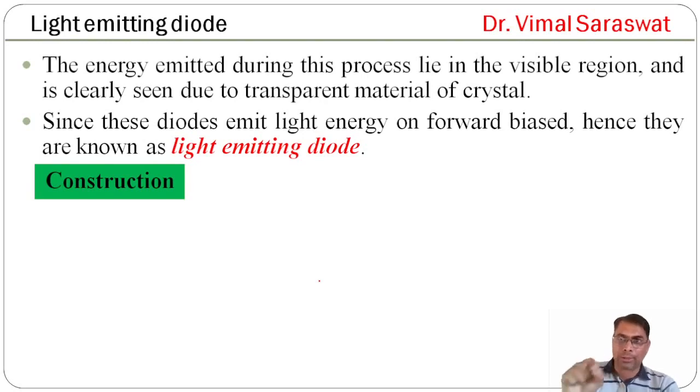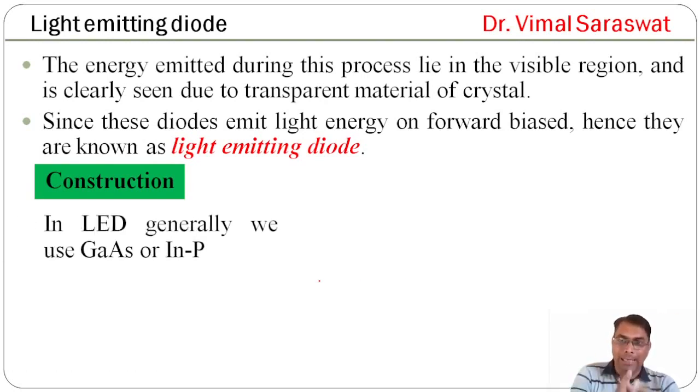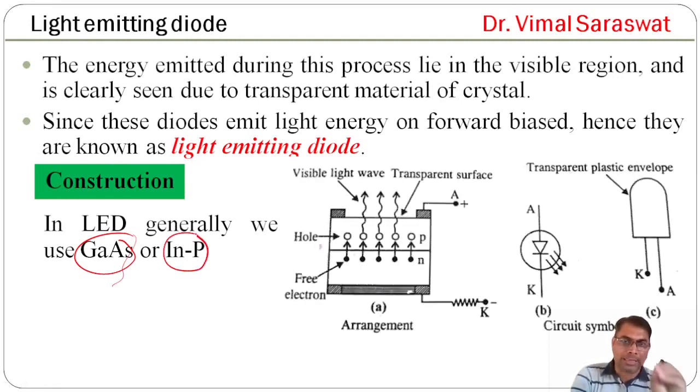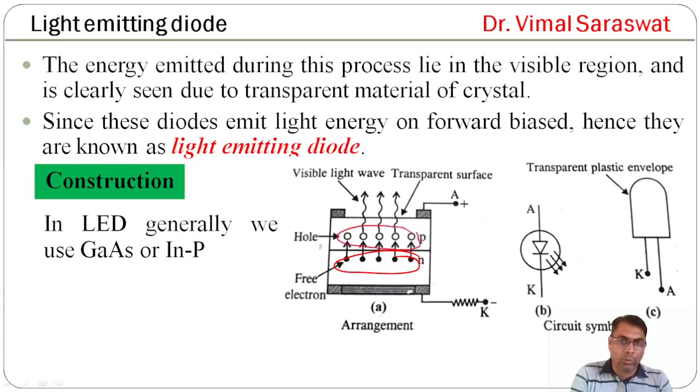Now, construction of LED. In LED, generally we use gallium arsenide or indium phosphide. So this is our arrangement of LED. Here we have electrons and here holes.